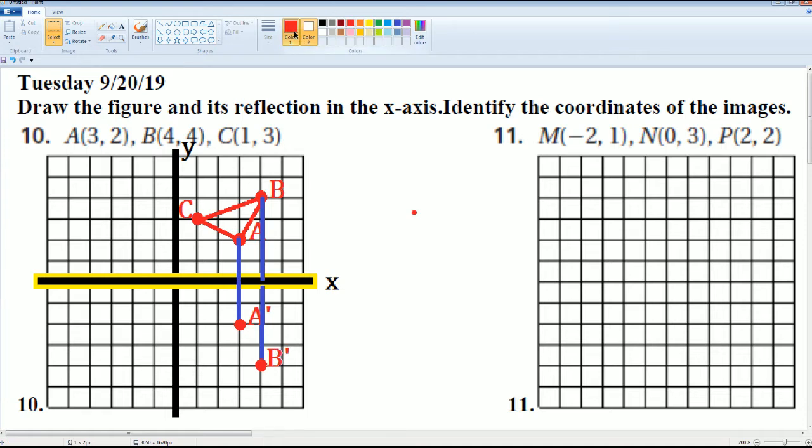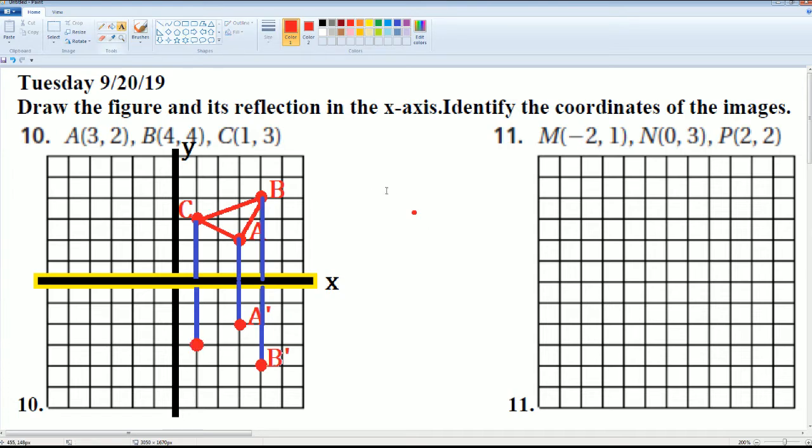Next, let's go grab C. It goes from the line. So 1, 2, 3 down. So it's going down. 1, 2, 3. Do you see? Equal distance to the line of reflection. Red.